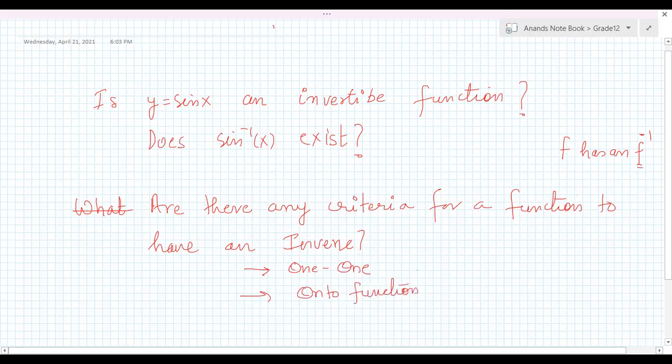Only if both these criteria are met, then this particular function, y is equal to sine x, cos x, cosecant x, will have an inverse. Is it okay, guys?